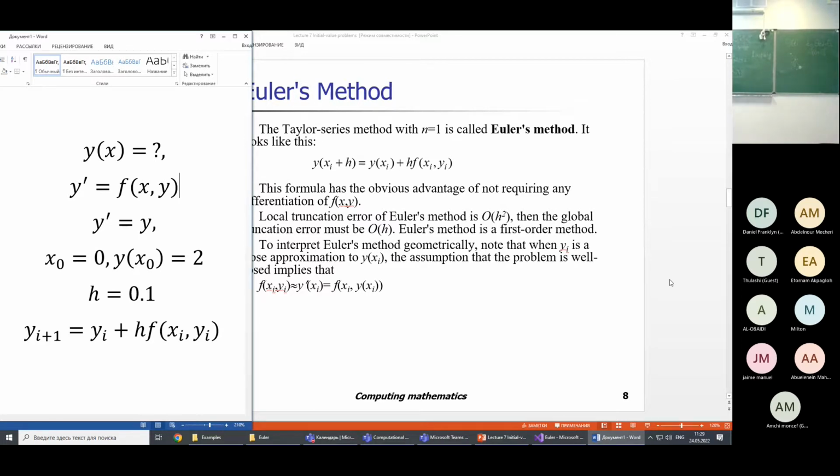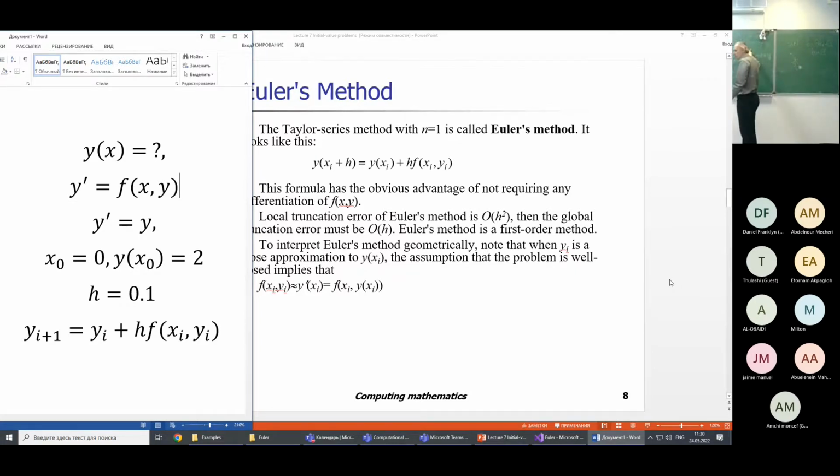A little bit later, we consider a more complex example, but now f of x, y is just y. I substitute here y1, which is 2.2, and I get the answer 2.42.